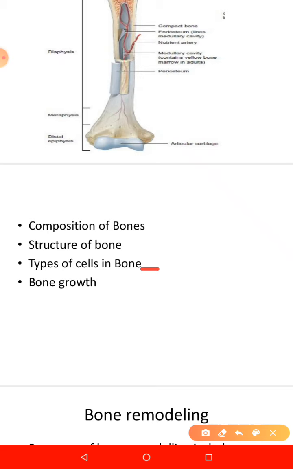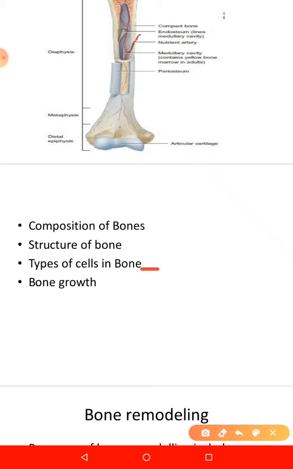The osteoblasts are bone cells concerned with bone formation, as we saw when PTH acted on the osteoblast. Then we have the osteocytes, or osteocysts. These are the bone cells concerned with maintenance of bone.